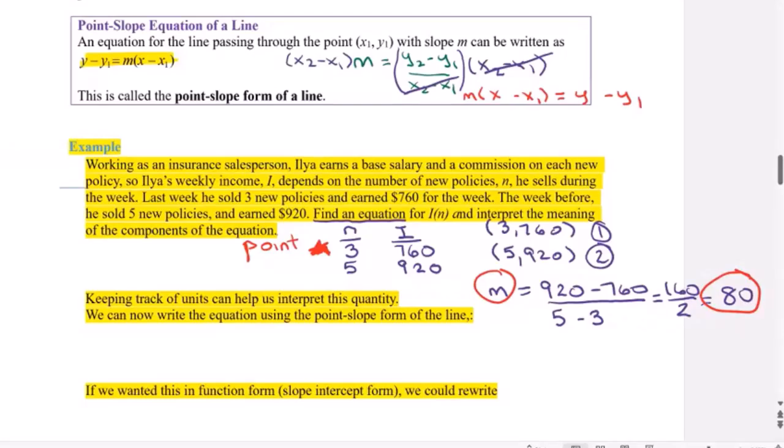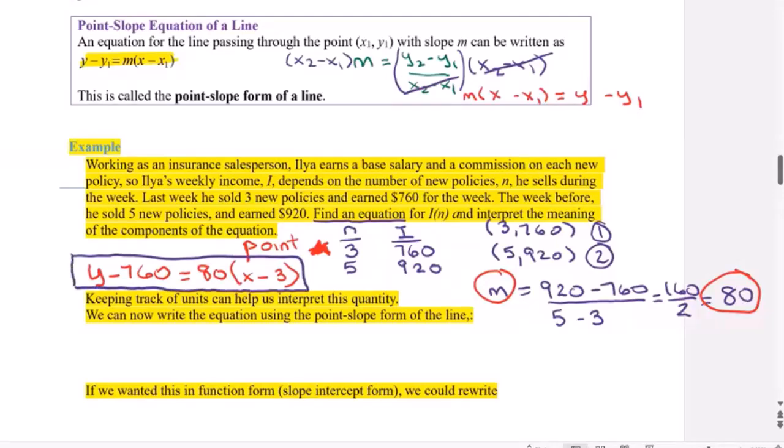And I have y minus my y1. I'm using the first one, so I'm saying y minus 760 is equal to m, which is 80 times x minus 3. And look at that. I didn't have to do any kind of finding my y-intercept. If I have a point and I have the slope, I can put it into point slope form.